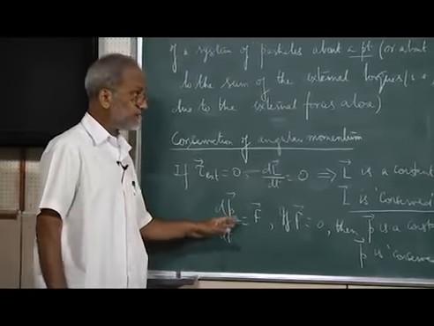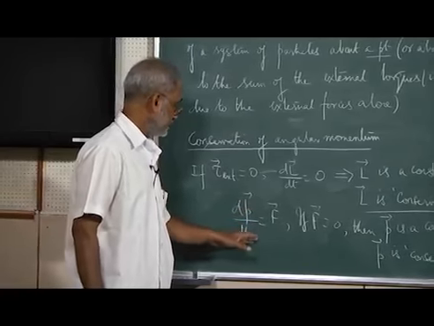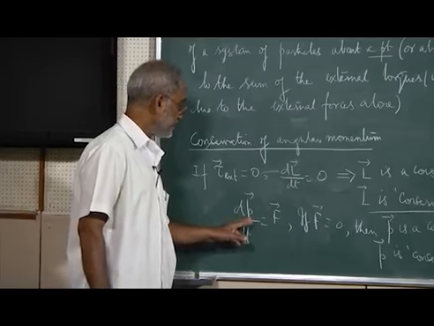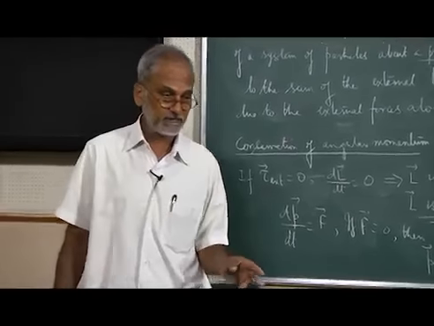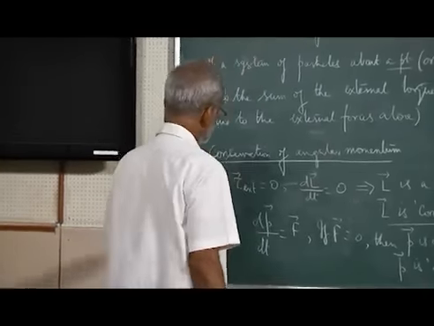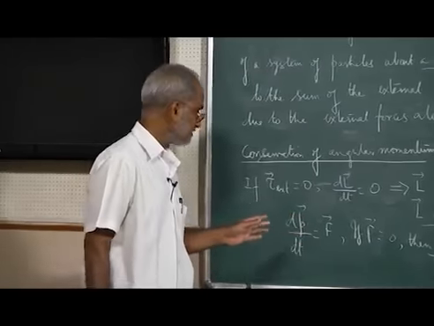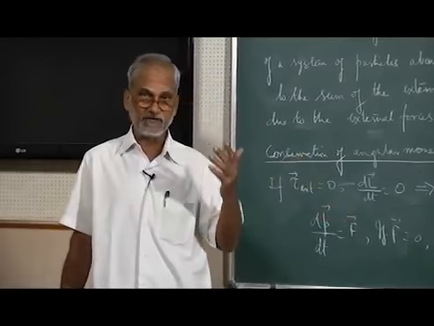It is true even in the case of a system of particles, because even though I have written small p to denote the momentum of a single particle, this relationship is true for a system of particles. The reason is momentum is a vector quantity you can add.